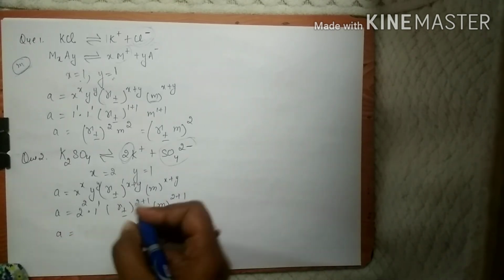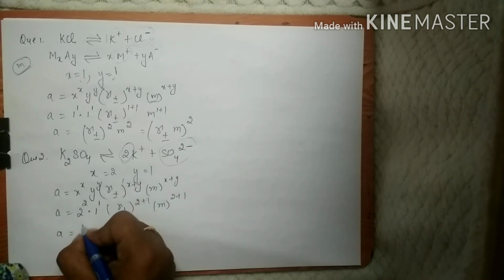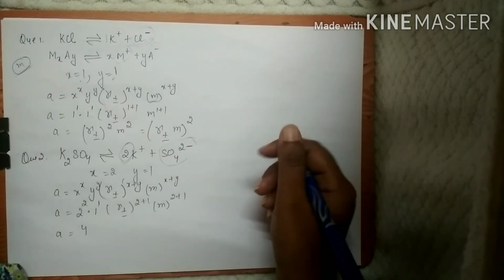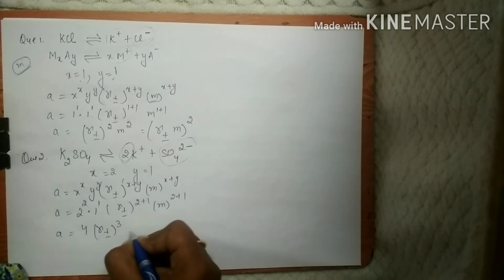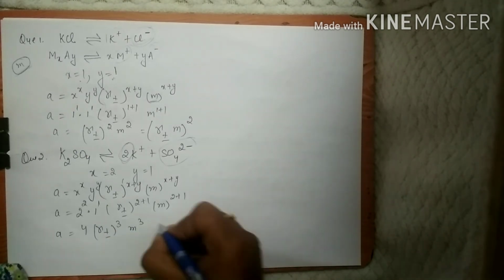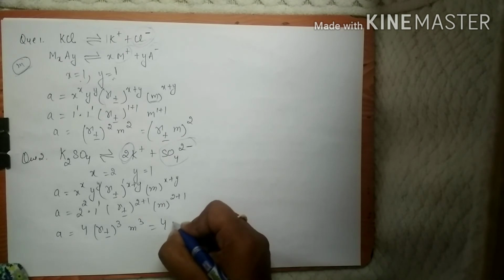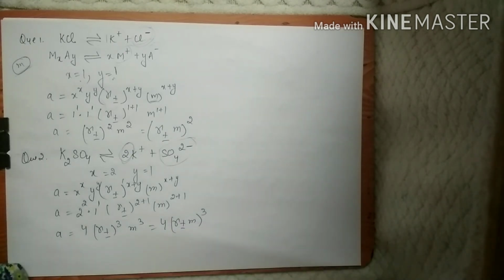It will come out to be 2 to the power 2 is 4, 1 to the power 1 is 1. So gamma plus minus to the power 3, m to the power 3, or you can say 4 gamma plus minus m to the power 3. So this is your answer. Okay, we'll do one more question.